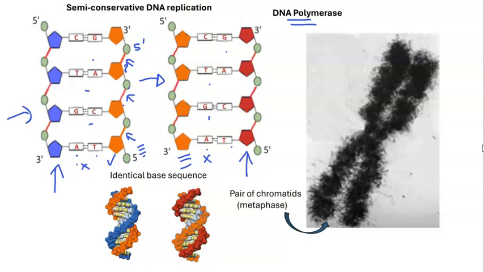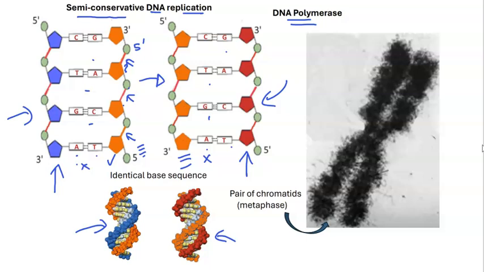So this side and this side have acted as templates for the construction of the new polynucleotide chains. And the chains are accurately built through the complementary base pairing. Since they contain half of the original and half of a new strand, this is called semiconservative DNA replication. And so the DNA molecule has been copied, and these are shown in the space-filling models shown below.